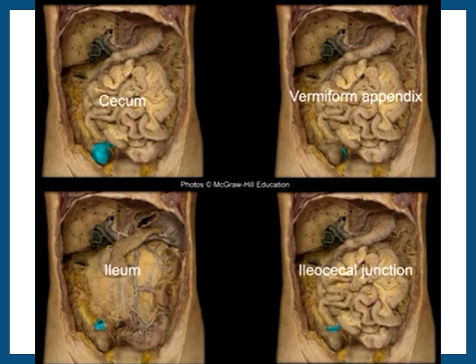So here you have some pictures in a cadaver with the portions of the large intestines highlighted. We've got the cecum here. You can see that vermiform appendix. And then this portion here is actually showing the ileum and then the ileocecal junction right before the food passes into the large intestines and goes into that cecum there.